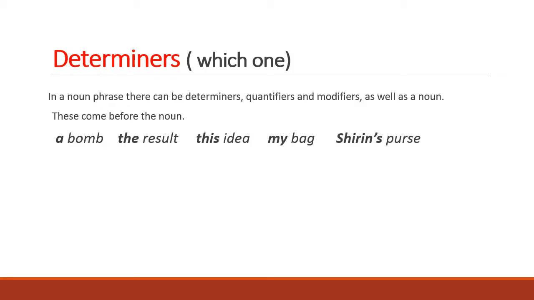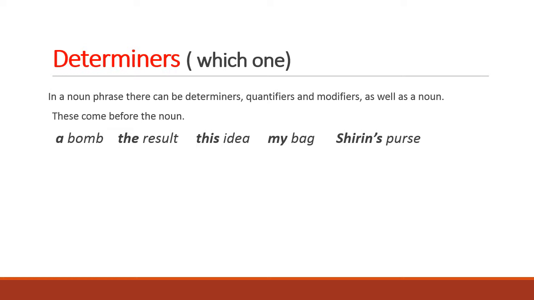Okay, now let's look at these various components of a noun phrase. In a noun phrase there can be nouns, and along with nouns we do have some other words like determiners, quantifiers or modifiers. Now what are these words? Let's start with the determiners.